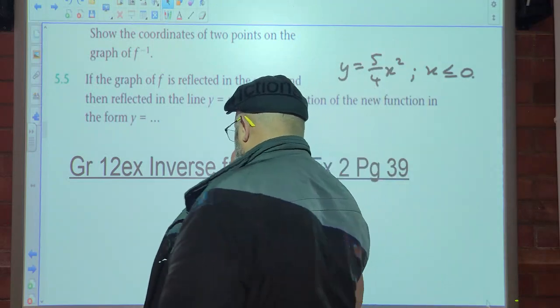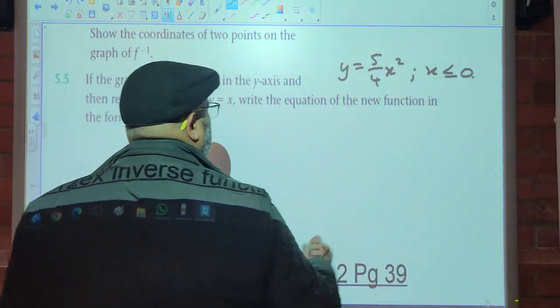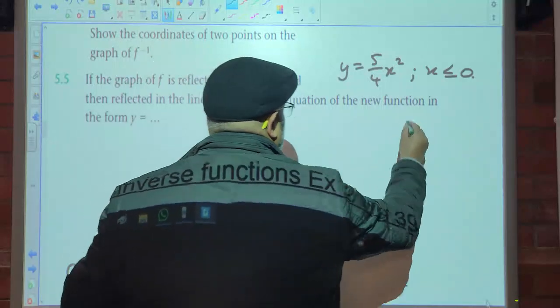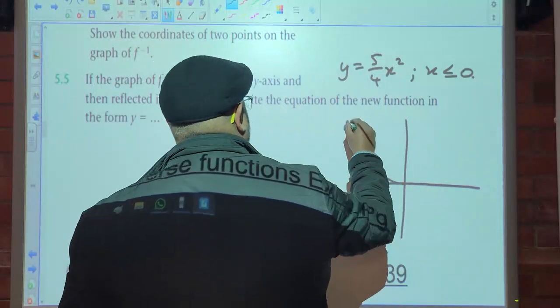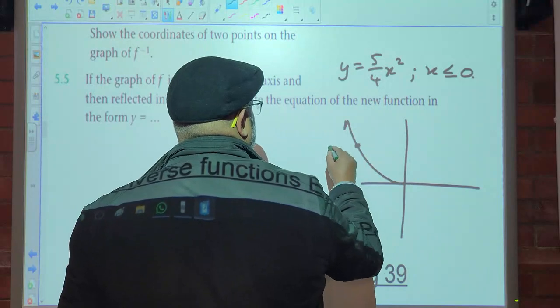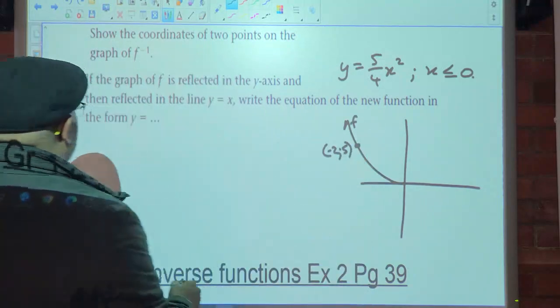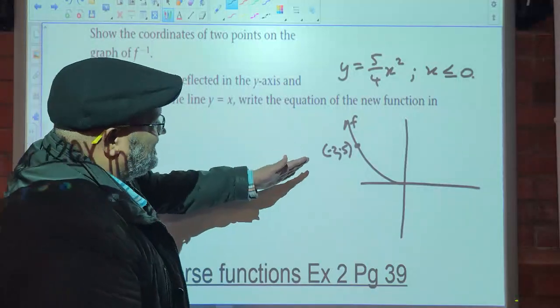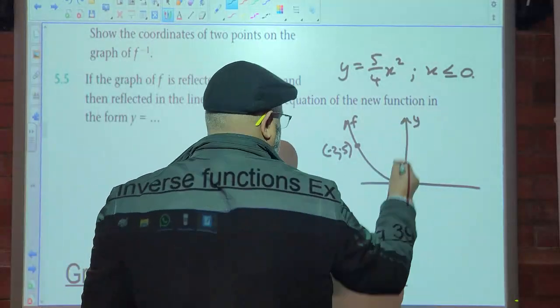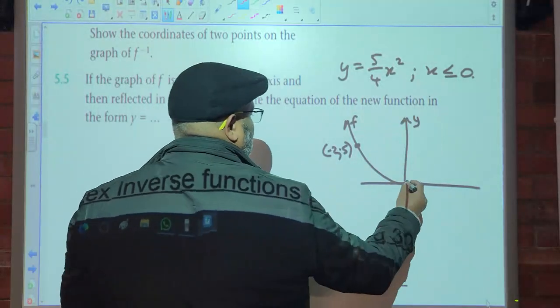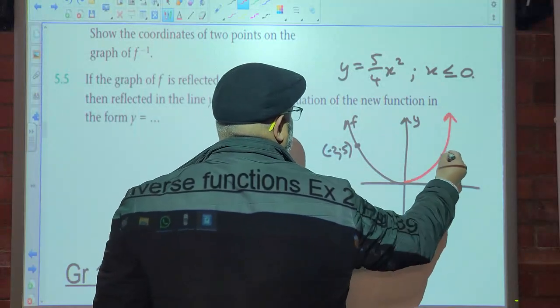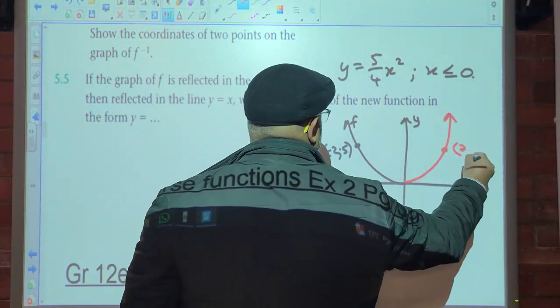Okay. So the question says, I'm going to do it with a drawing. So this is, was it negative 2 and 5, no? What was it? So here, if the graph of f is reflected in the y-axis, the graph is going to come that way now, not so? So that is going to be 2 and 5 now.